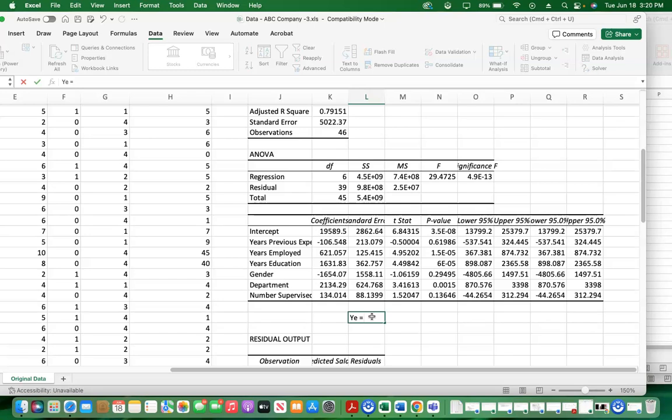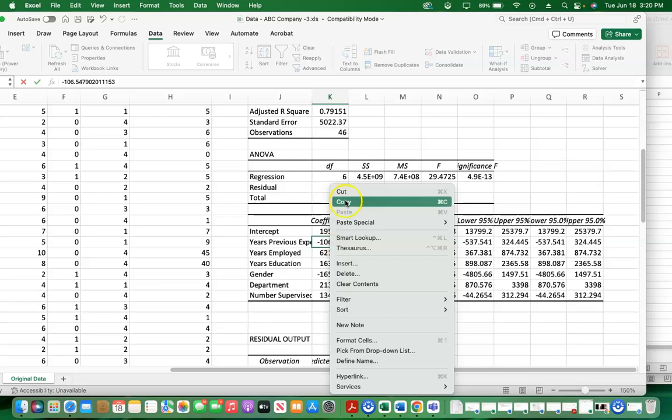estimated equals the y-intercept, which is this value here, 19589.5, and that will be plus this particular value.